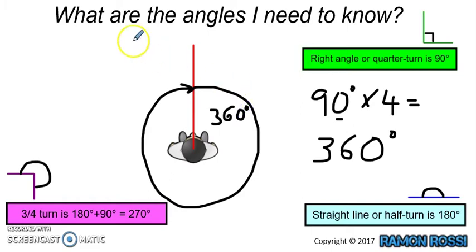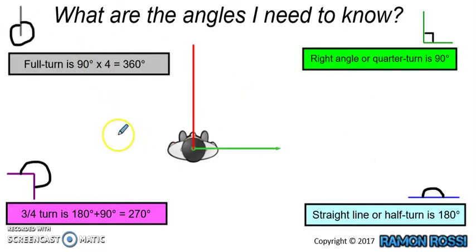These are the 4 angles that we want to remember. We've got the right angle, which is the shape of an L, even if it's backwards. We've got a straight line, which is 180, which is the same as putting 90 plus 90 together. Then we have the 3/4 turn. Now the 3/4 turn can be even upside down, like this one here.